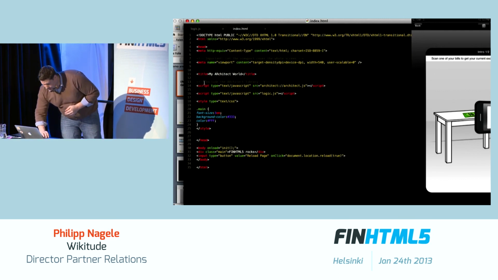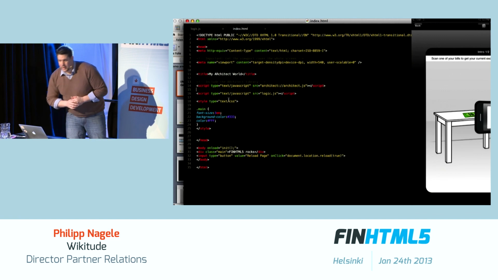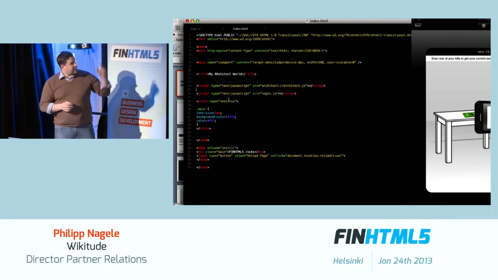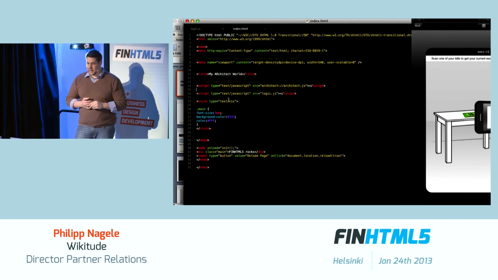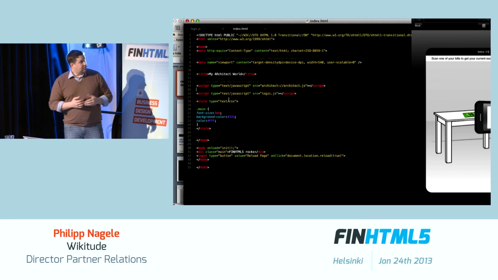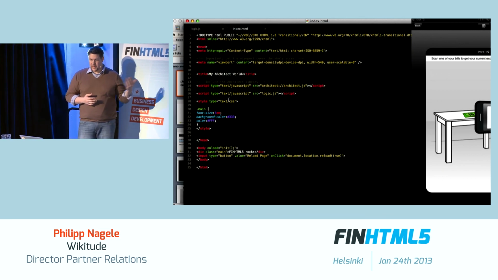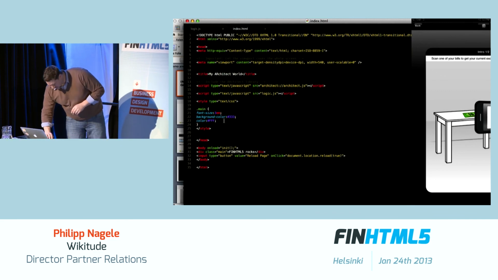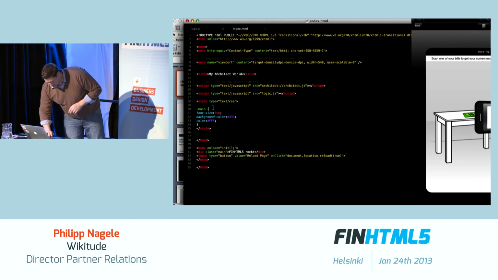The key parts here are the inclusion of the architect JavaScript library. You can tell by the architect denominator that you can't do that in a standard web browser. But the Wikitude web browser and the SDK will detect that and load the JavaScript library. And then the other part is loading the logic file.